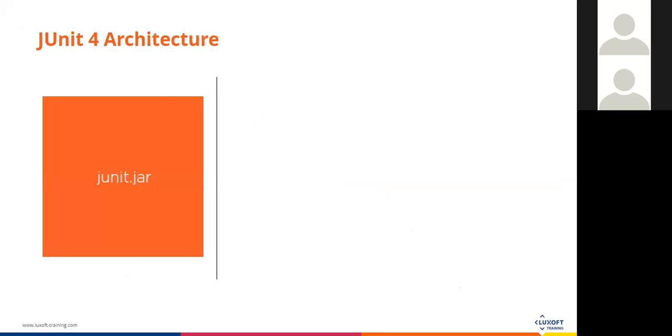Now we take a look at JUnit. JUnit, as we were saying, is a framework designed for TDD with Java, and version 4, which has been very popular and very widely spread, still comes with some problems.